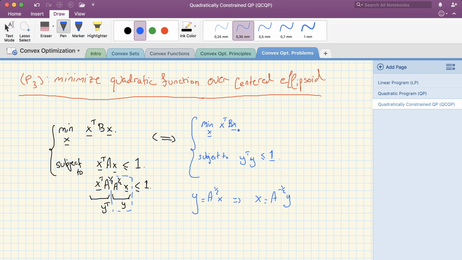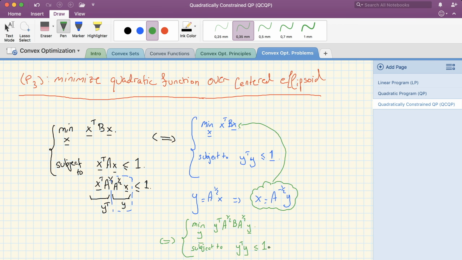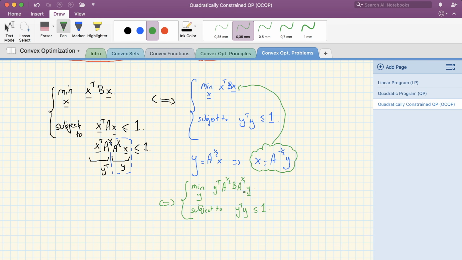Now we're going to replace this in the cost, we get, so if this is replaced here, we get minimization over y of y transpose A half B A half y subject to the same constraint. So here, we've got some arguments to do. So note that the cost function is still quadratic in y, right? And now we're minimizing over the unit ball.